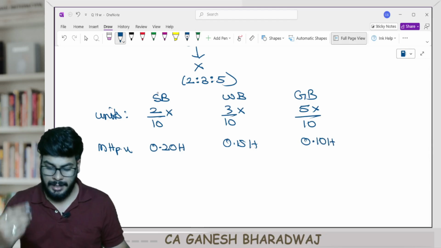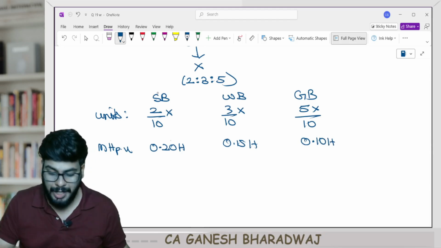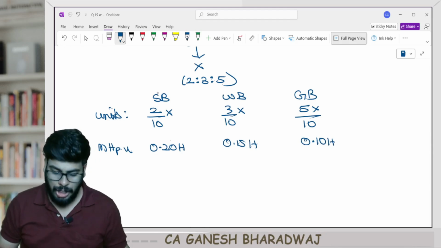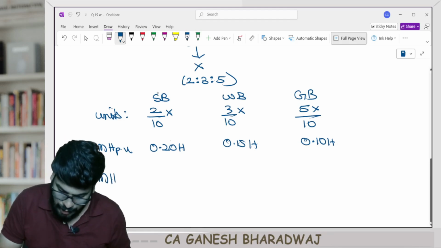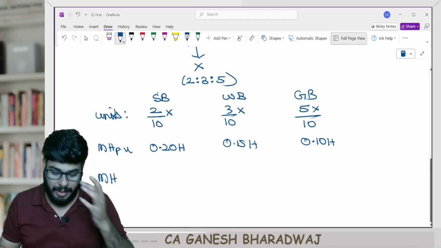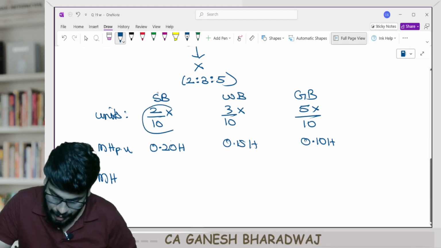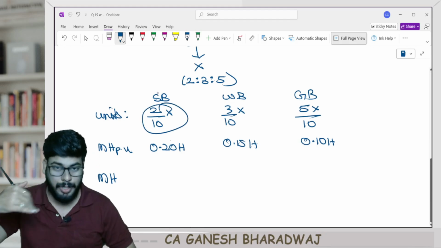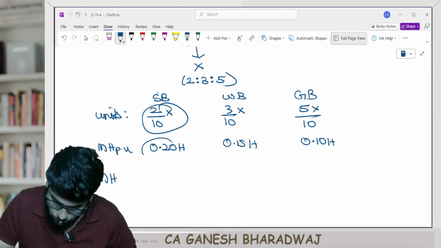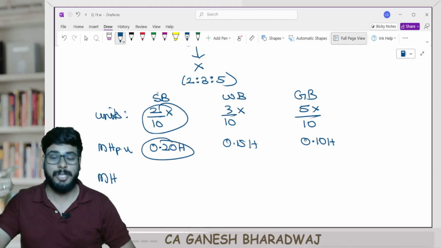Correct? This is the machine hour required per unit of each of the products. So what will be the total machine hours required for all the three products put together? So I am supplying 2x by 10 number of units of school bags, and each unit of school bag is going to require how much? 0.2 hours.